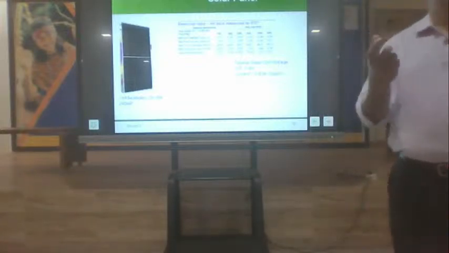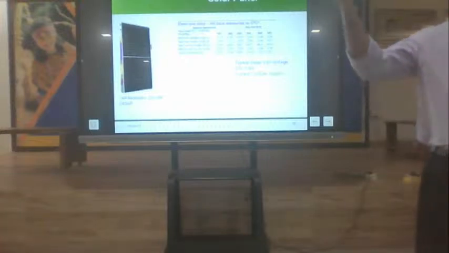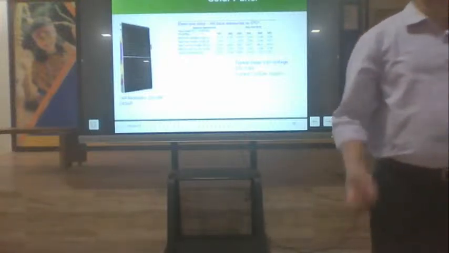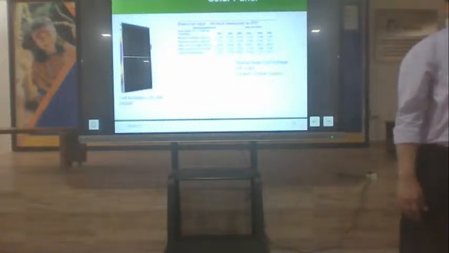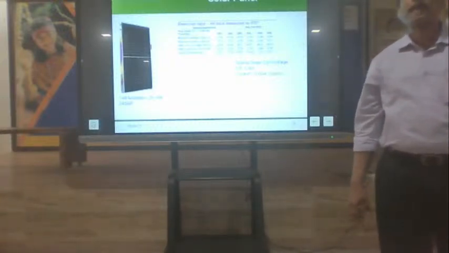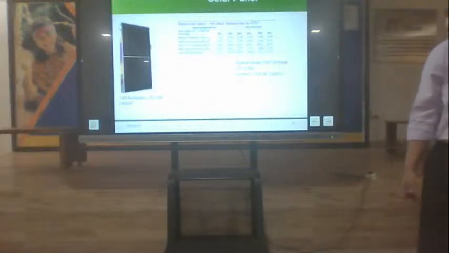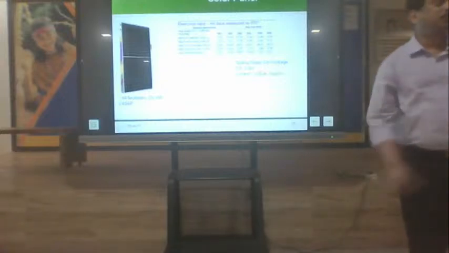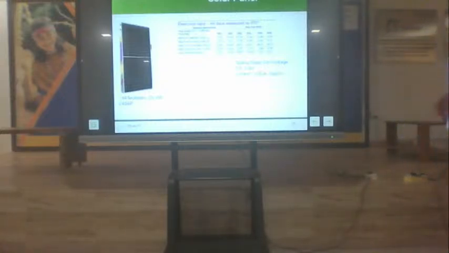It's like a PN junction. When light falls on that PN junction, there will be some terminal voltage generated. What will be that voltage? Just a guess. Yeah, 0.6 volts. A single cell will give you 0.6 volts.